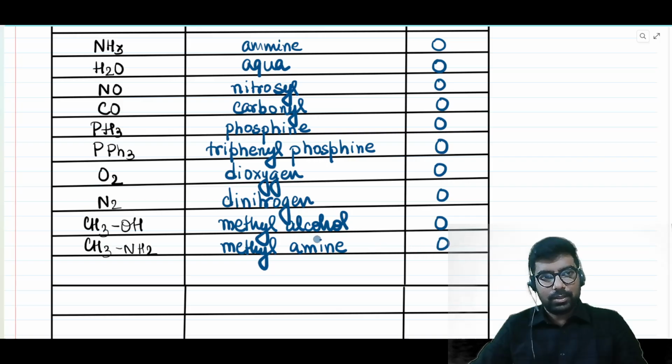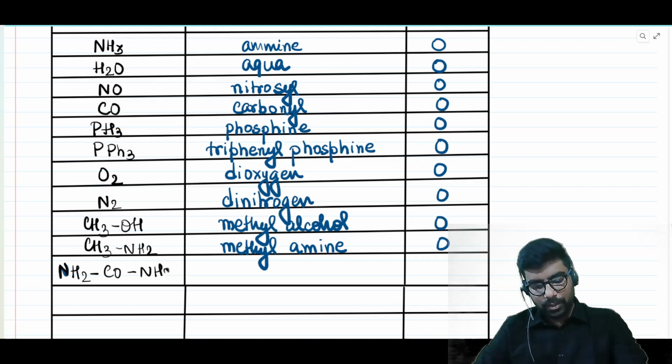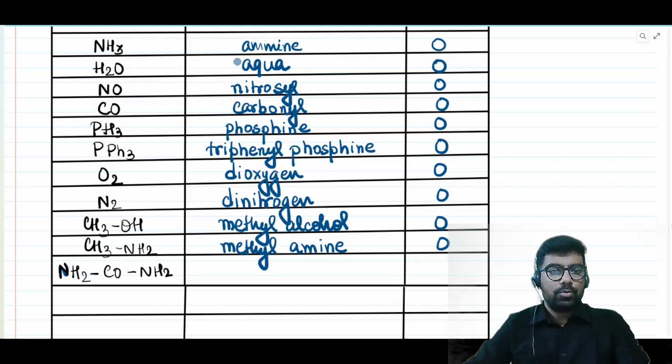The charge is again 0. Then we have NH2CONH2, which is called urea.